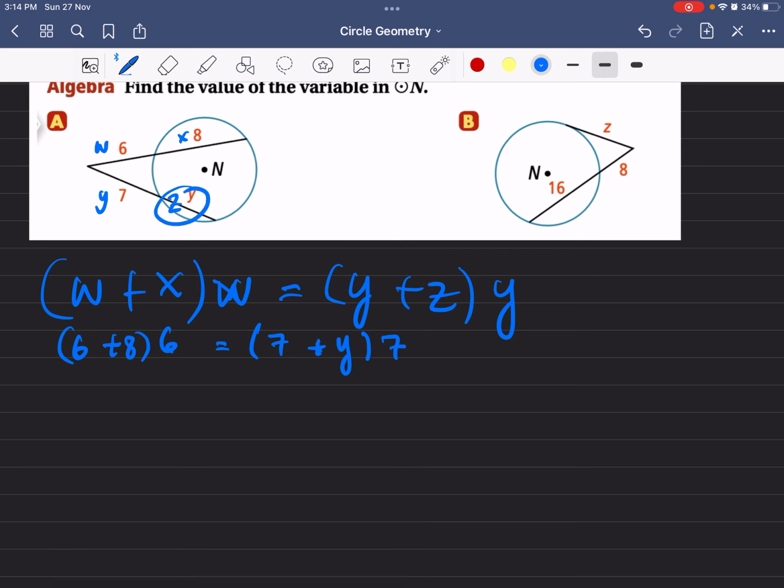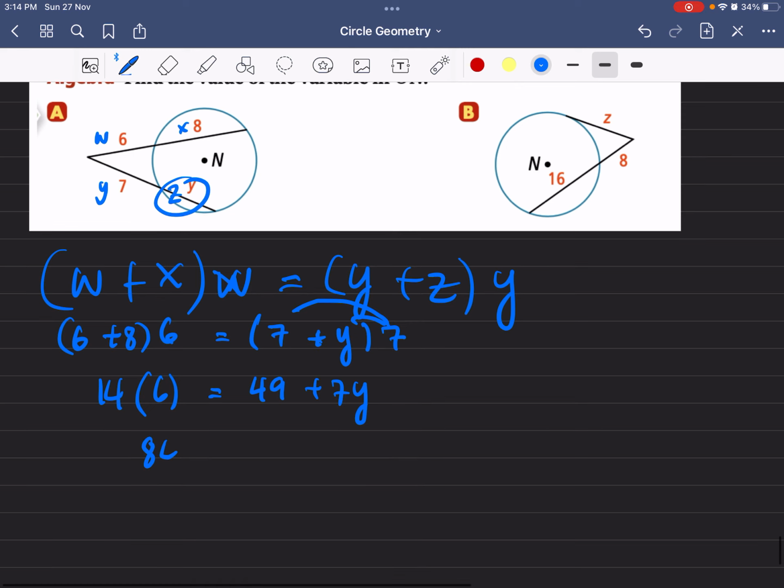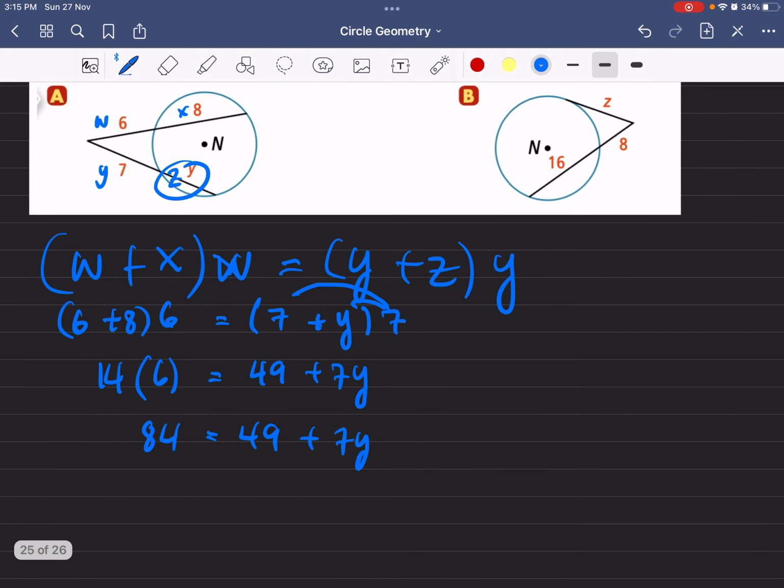Okay, so 6 plus 8 is going to give you 14. 14 times 6. Okay, distributive property, that's going to give you 49 plus 7y. 14 times 6 is going to give you 84, is equal to 49 plus 7y. Got it?